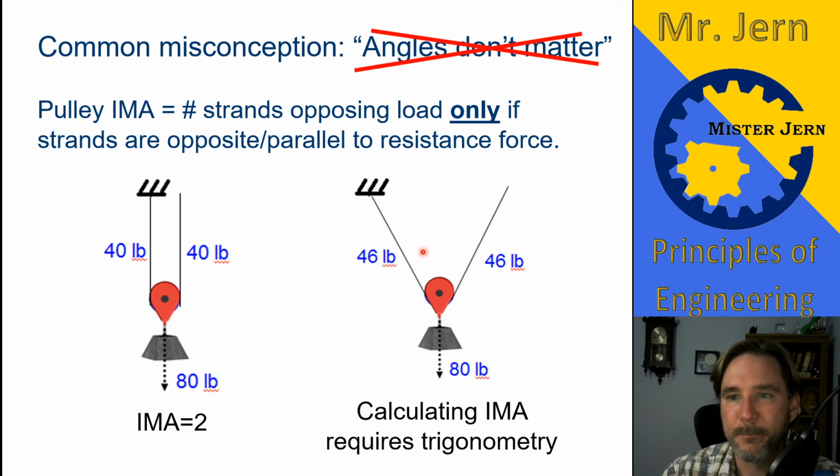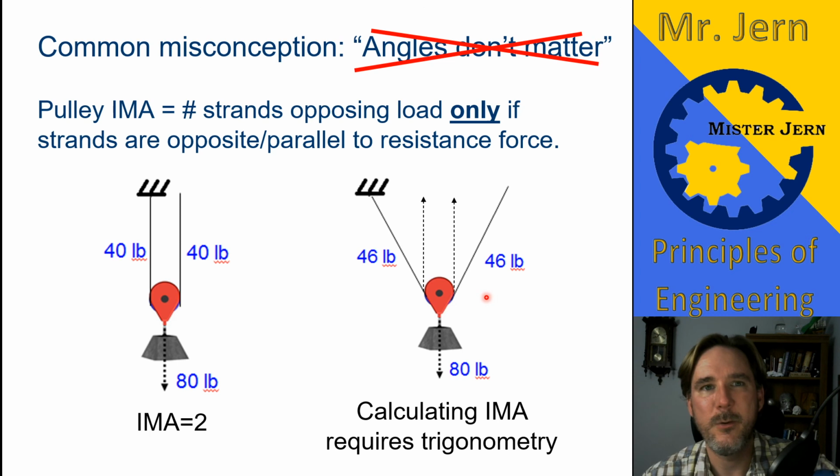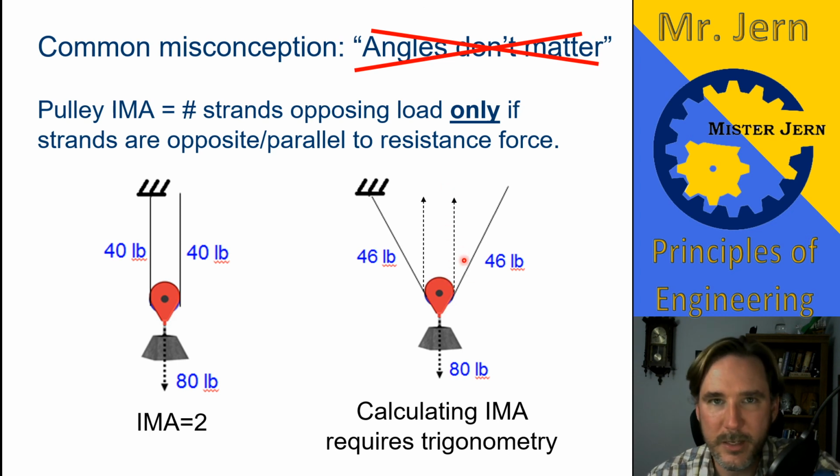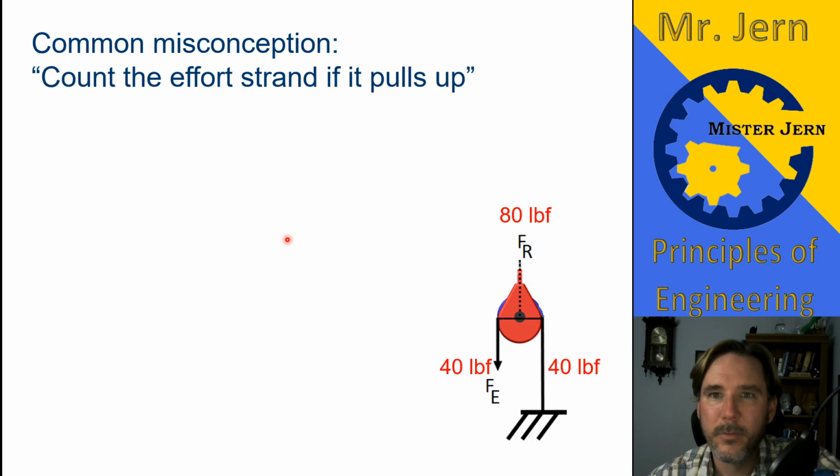In this case, the strands are at an angle. So why do we have to pull with 46 and 46? Why can't we just pull with 40? Well, because the effort force that you require is actually you need to pull straight up. And since you're pulling up and to the side a little bit, some of that effort is off to the side. And this will require trigonometry, which I will show you how to do, not now.